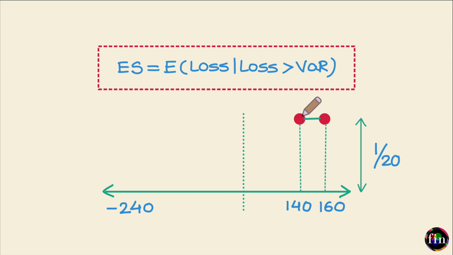This random variable follows a uniform distribution, and its expected value very simply is the midpoint of these two, and it works out to 150. So my expected shortfall for a 1-day horizon and at 95% confidence works out to be equal to 150.